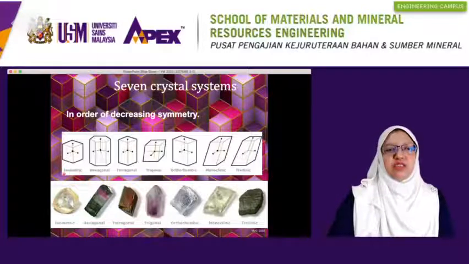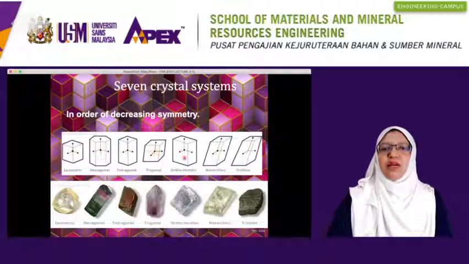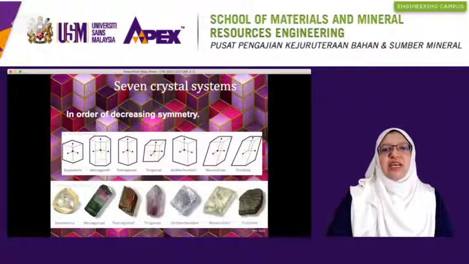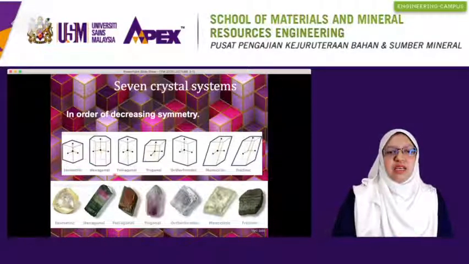Then we have hexagonal, followed by tetragonal, trigonal, orthorhombic, monoclinic, and lastly triclinic. So triclinic has the least symmetry compared to the other 6 crystal systems.